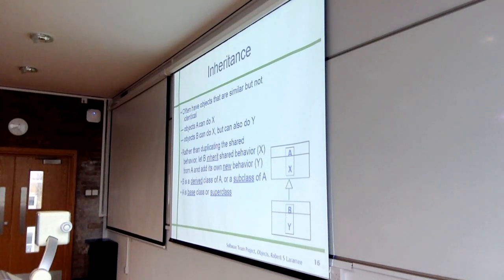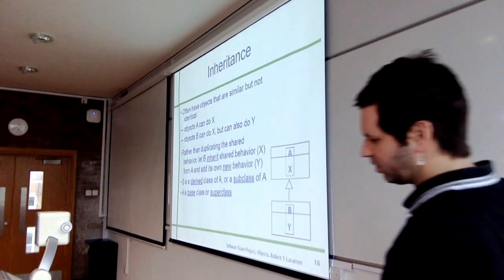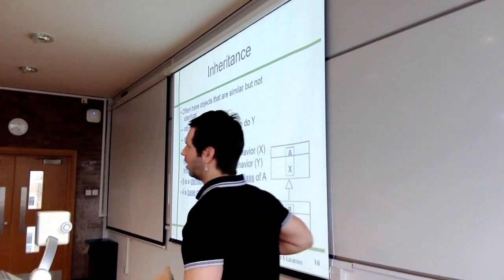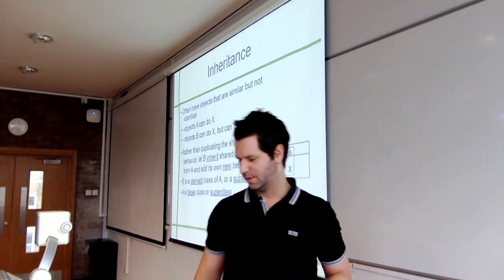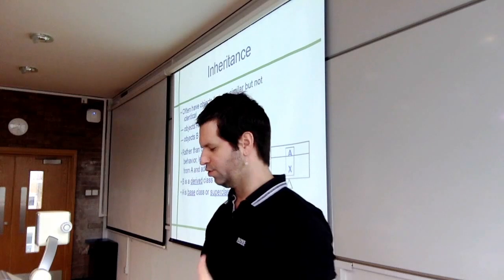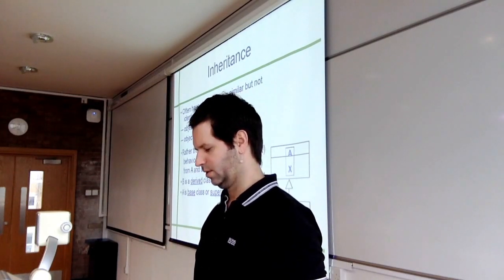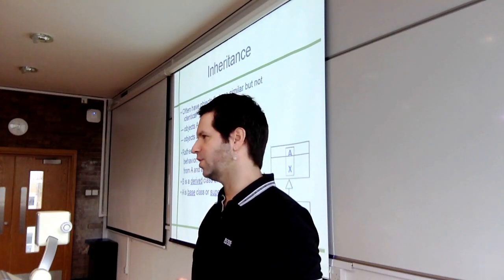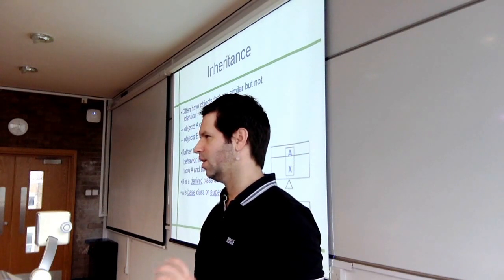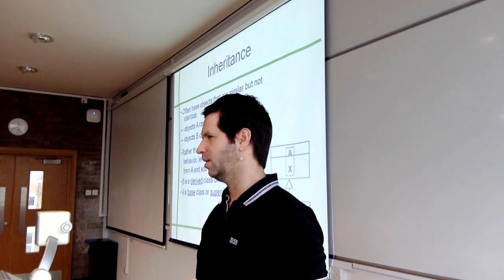But different programming languages use different terminology. C++ uses a different terminology to Java and so on. But in this module, it's usually going to be parent and child. And I think you've all seen this already, maybe.